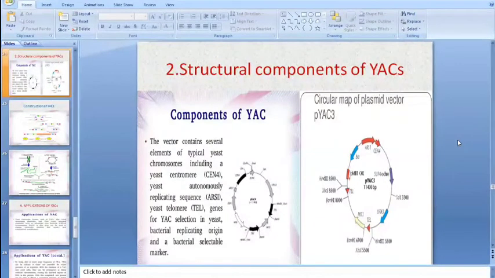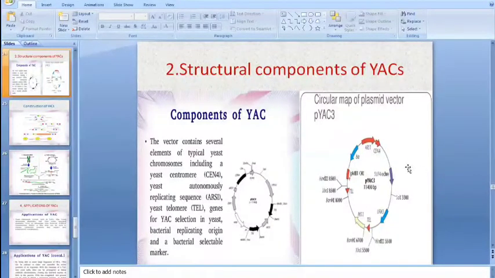What is the first one? The first one is the yeast chromosome, that is Saccharomyces cerevisiae, and the second one is the DNA sequence of the plasmids, or bacterial plasmid.